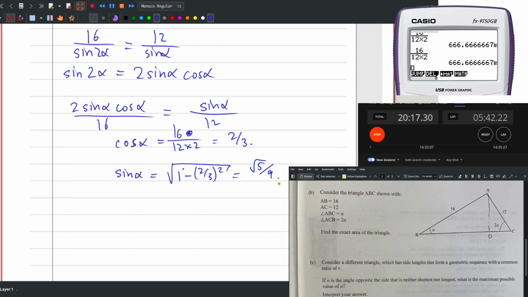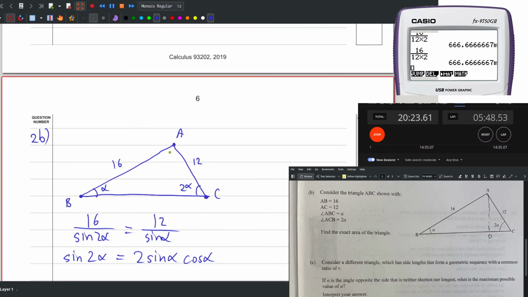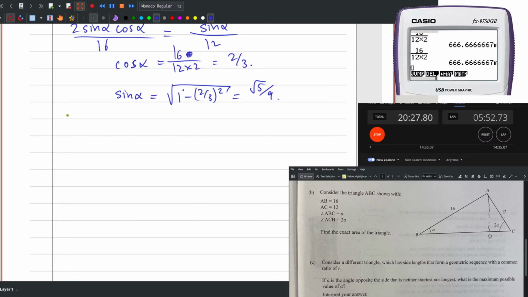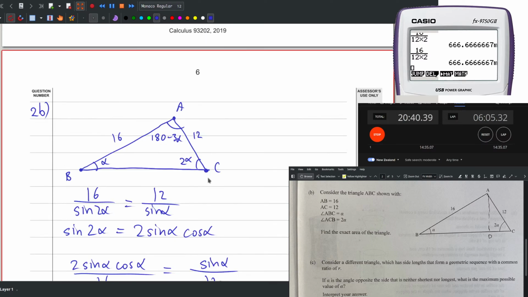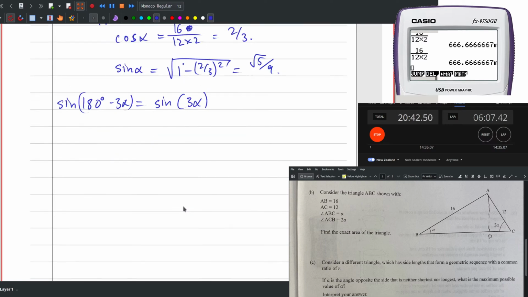Okay. If I look at this angle here, that's 180 minus 3 alpha. So sine of 180 minus 3 alpha equals sine of 3 alpha, because that's how sine works, right? Yep. I guess I should be putting degrees technically, but whatever.